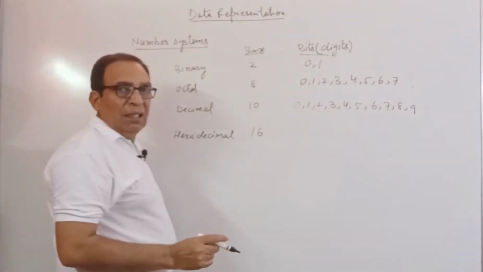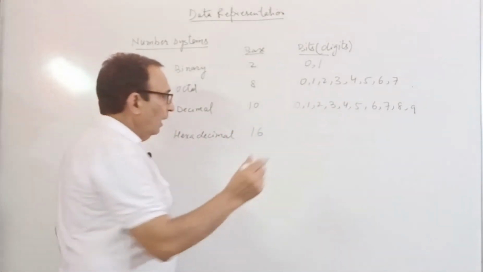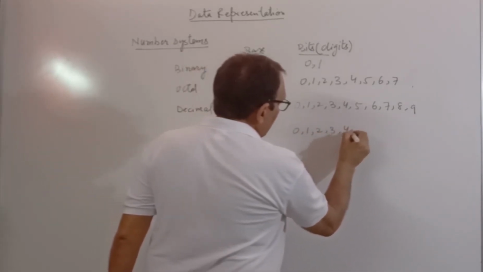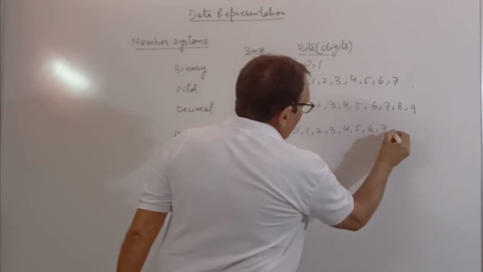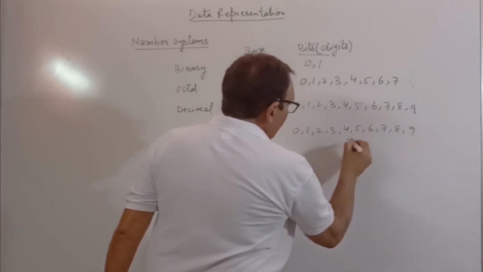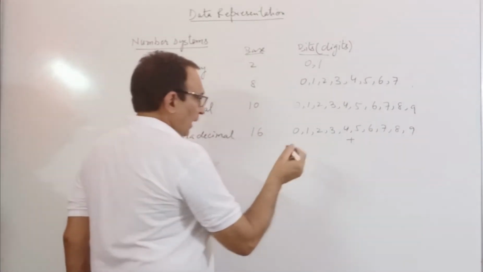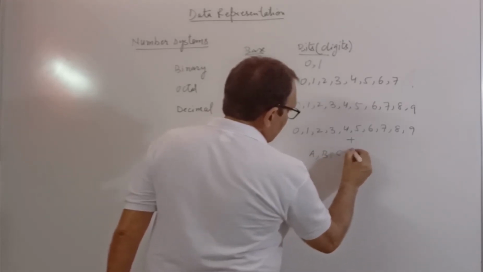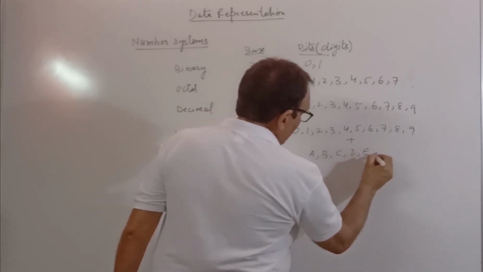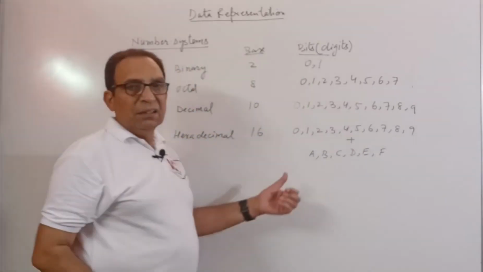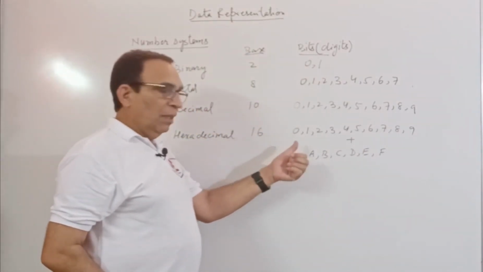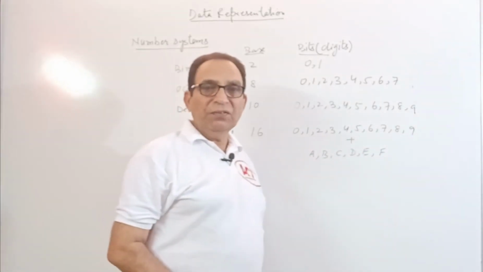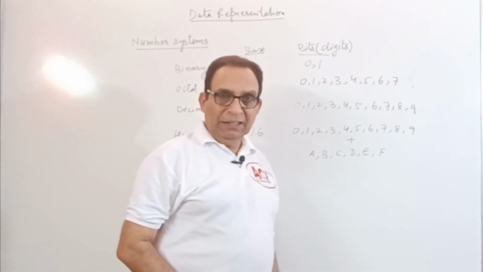Hexadecimal uses 16 digits and they are 0, 1, 2, 3, 4, 5, 6, 7, 8, 9, and along with this 10, 6 more digits are there, and they are A, B, C, D, E, and F. In the last lecture I told you, A we are writing in place of 10 and F we are writing in place of 15.